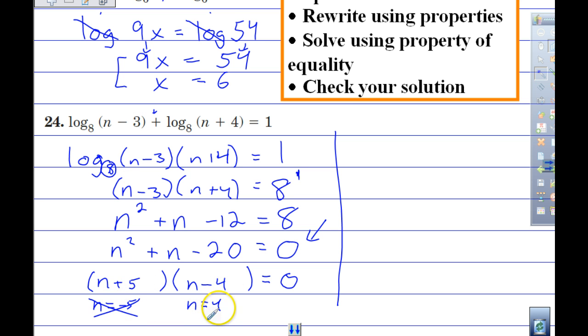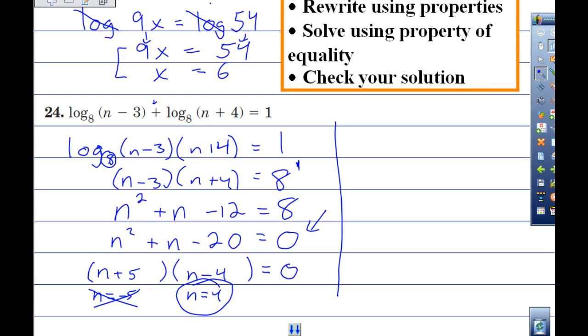And then 4, see if that works. 4 minus 3 is 1. Okay. 4 plus 4 is 8. Okay, so we'll get 0 plus 1 is 1. So it does work. So yeah, do check your answers.